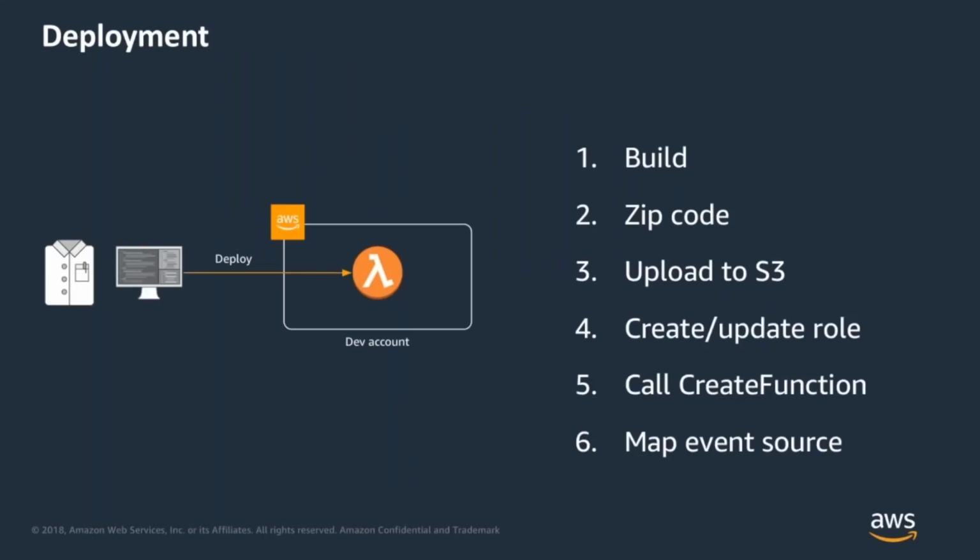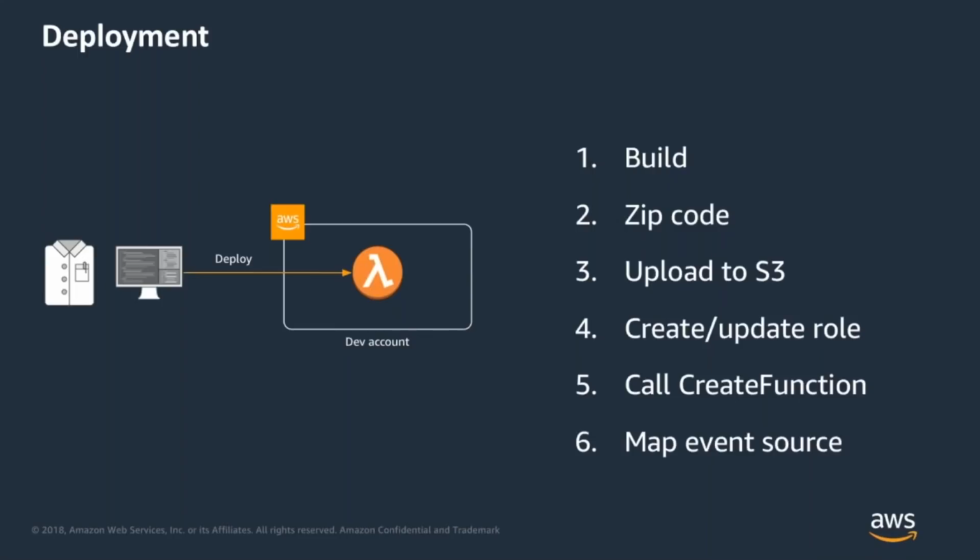So if you're not familiar with Lambda, the way that you deploy code there is fundamentally, first of all, you've got to build it. You've got to compile it into a jar or whatever build artifact you need for your language. Then you zip that code up along with all of its dependencies, and upload that bundle to S3. Then you also need to create and update an IAM role.